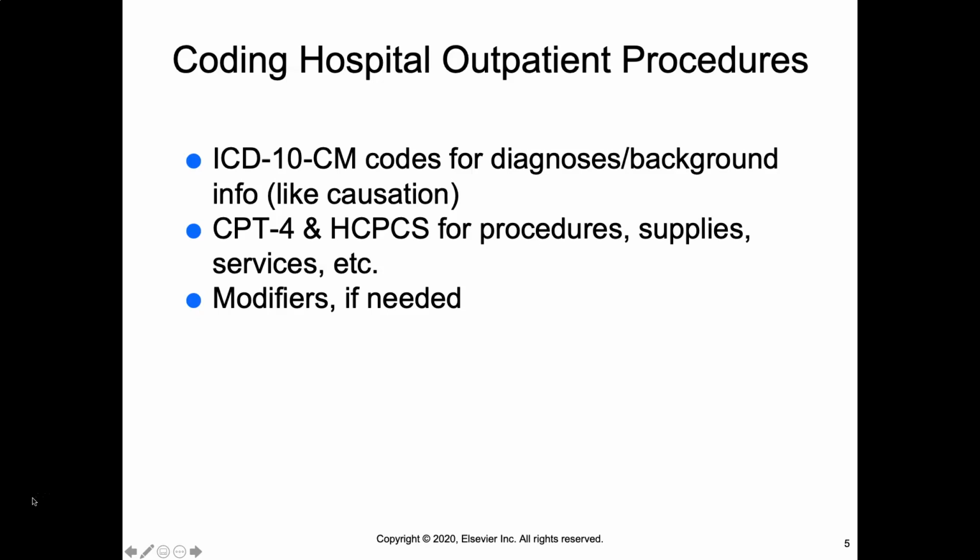For instance, when we were in chapter 12 and we were talking about coding for fractures, you may have been prompted as to how was the fracture caused, what was the situation. And payers like to know that kind of information. And then you'll use CPT-4 and HCPCS codes for procedures, supplies, services, etc. Because remember, you're on the outpatient side of life. And then, of course, modifiers. If you need those, you'll be using those CPT modifiers as appropriate.